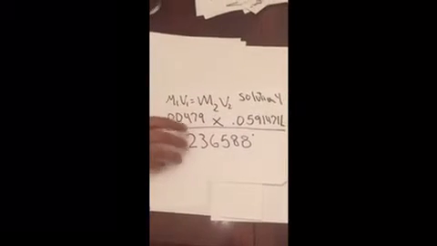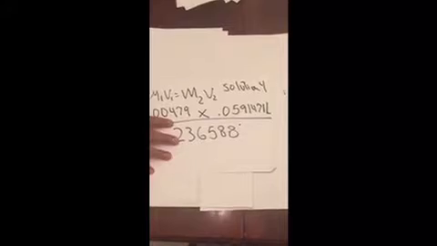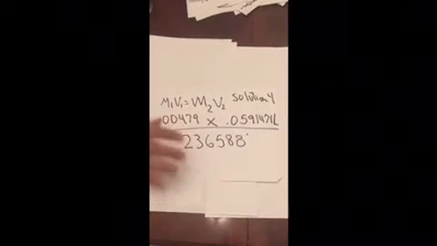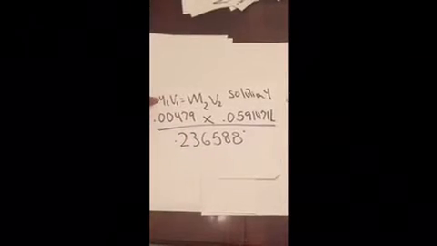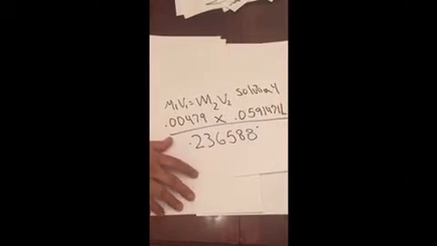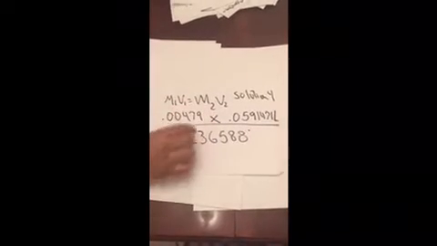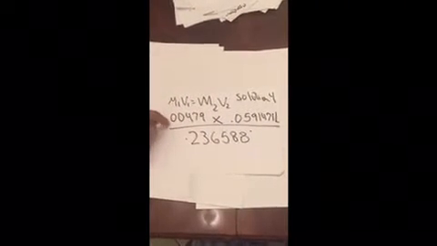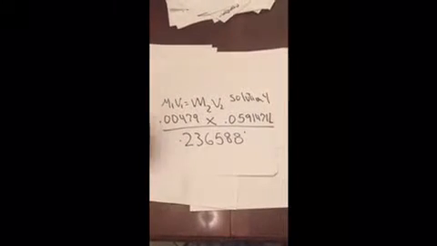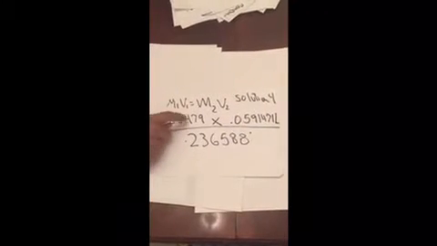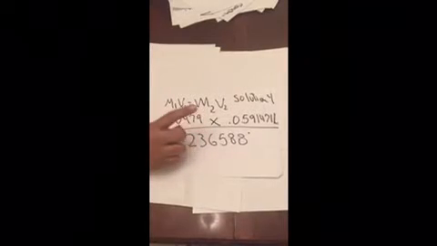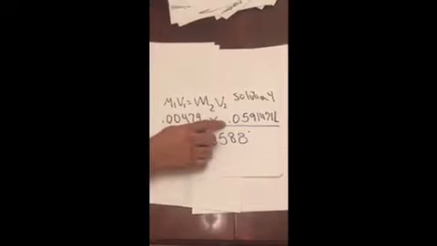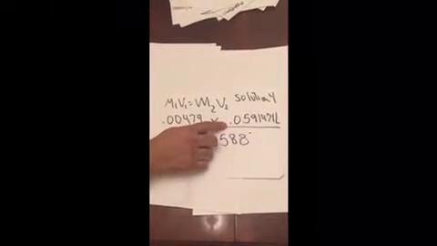We're going to do the calculation for solution 4, which follows the previous steps. I know it gets pretty repetitive, but this is exactly how I did it. M1 times V1 is equal to M2 times V2, with M1 being the concentration from the previous solution, which is 0.00479, times the amount that I took from the previous solution, 0.0591471 liters.